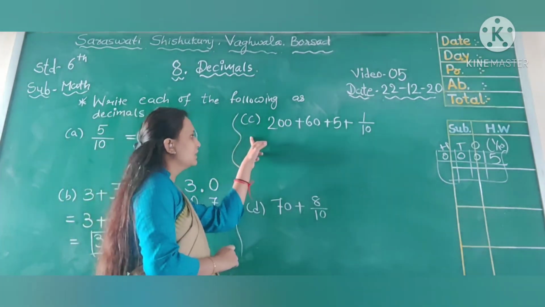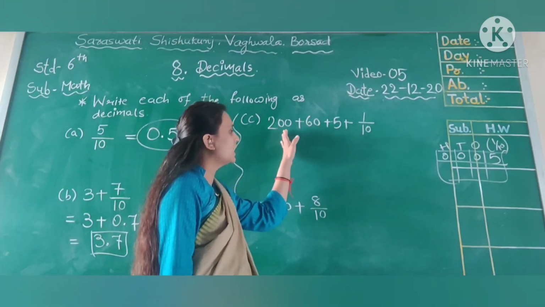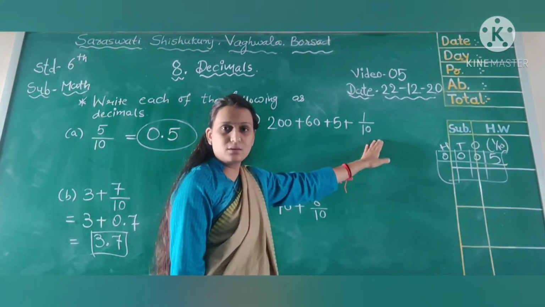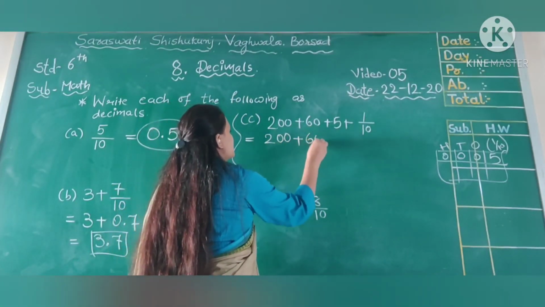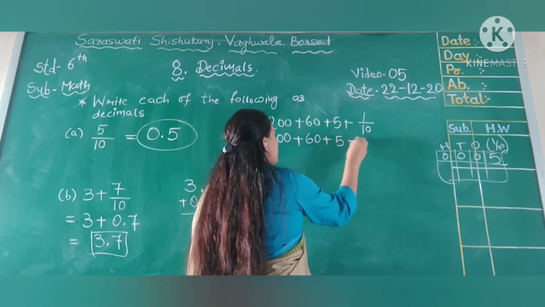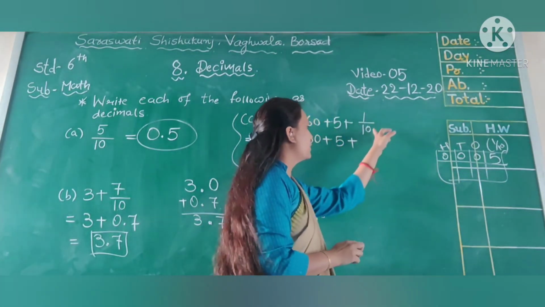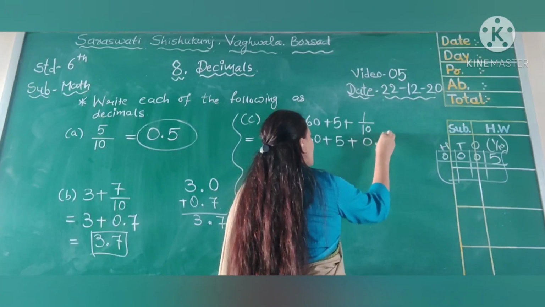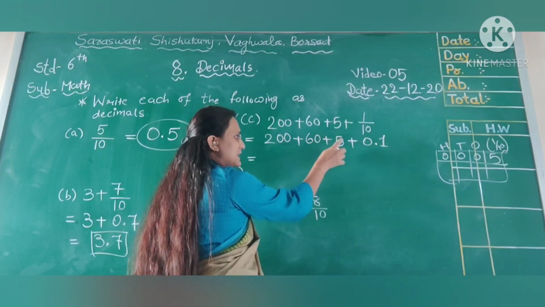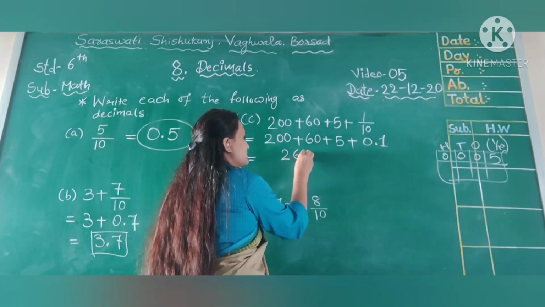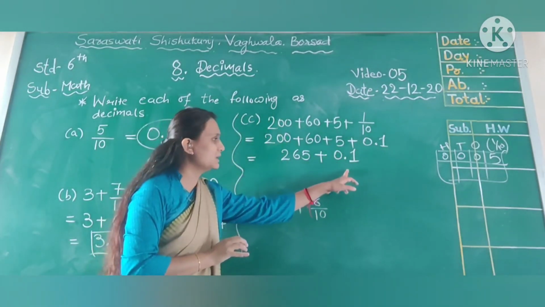Now let us understand the C number. You can see that 5 is at the ones place, this is the tenths place, this is the hundredths place. So 200 will be as it is, as well as 60 will be as it is, 5 will be as it is, and 1 is at the tenths place. So we can write 1 upon 10 as 0.1. Now let us add up all the numbers. 200 plus 60 plus 5 is equal to 265, plus 0.1 will be as it is because it is a decimal number.